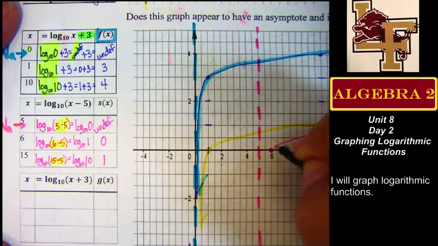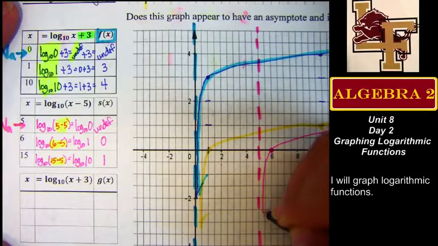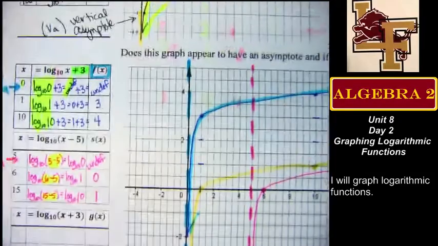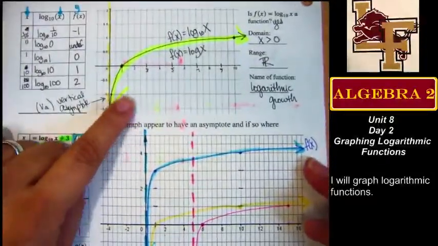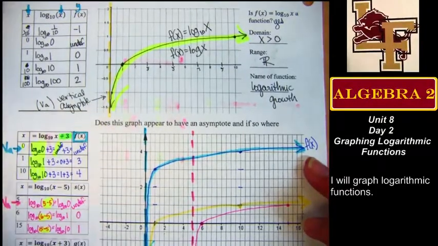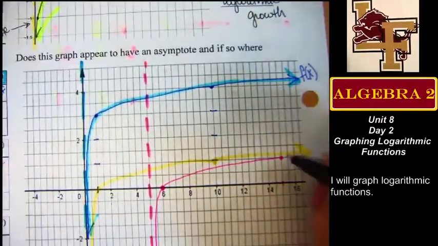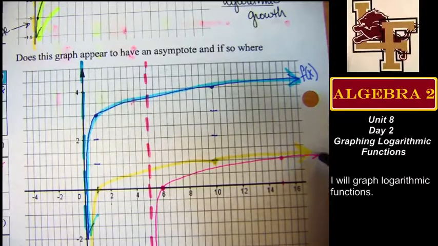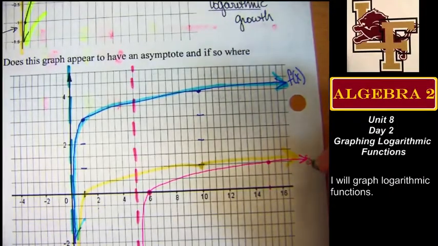Where did we get that yellow line from? That yellow one was me copying the one above. I copied this down here. I'll label it for you.